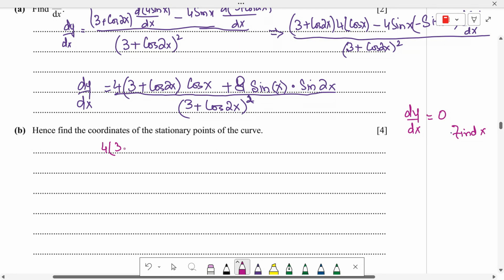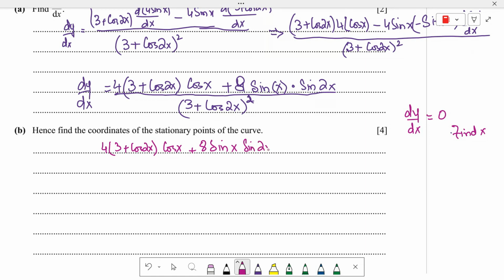4 times (3 plus cos 2x) cos x plus 8 sin x sin 2x, over (3 plus cos 2x) whole squared, equals 0.